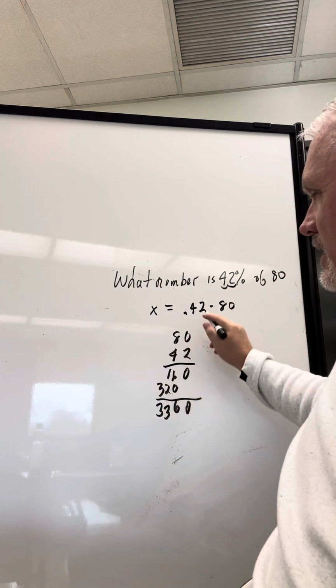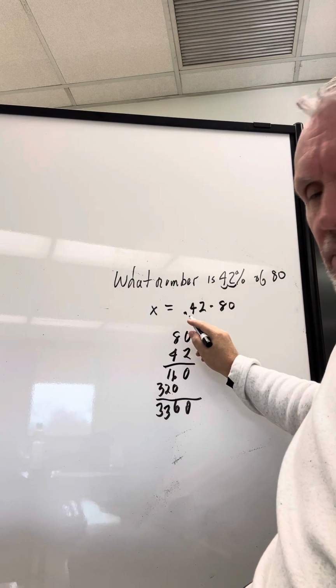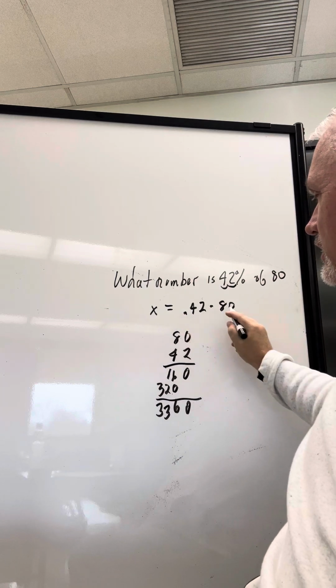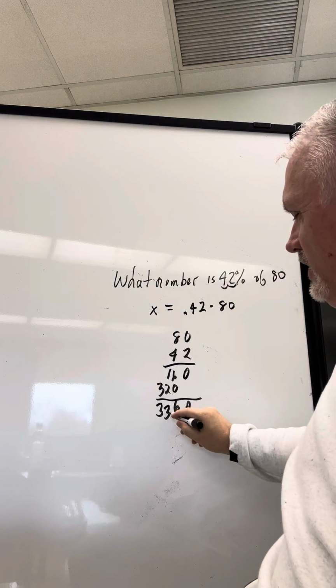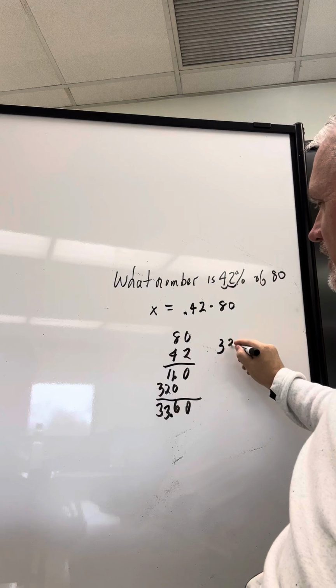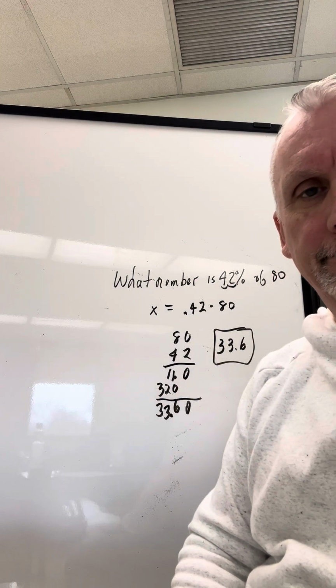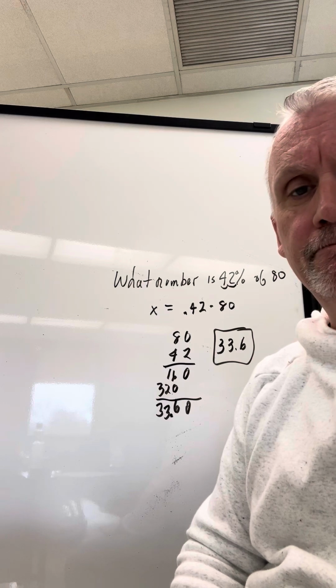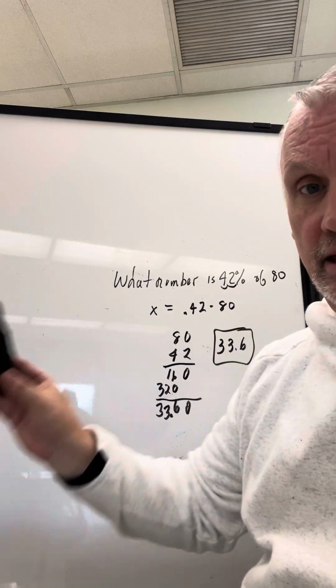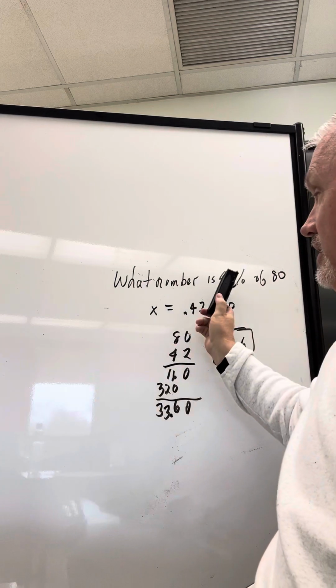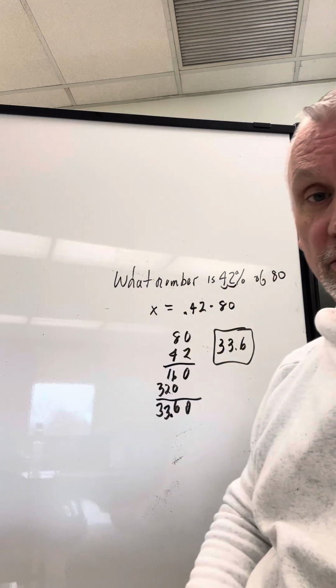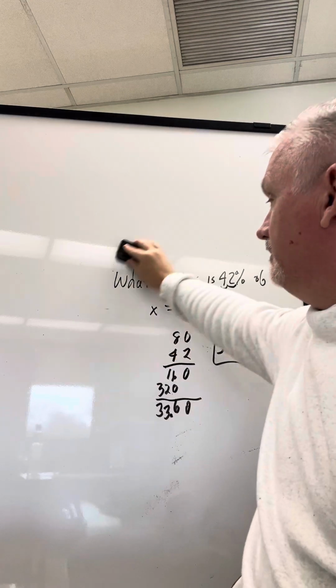So now I add up how many decimals there are in my original problem. Well, there's 2 here, none here. So I move it over twice, 33.6. And that's my number. Okay? Key to this, make sure that you change the percent to a decimal. Okay? Let's do another one.